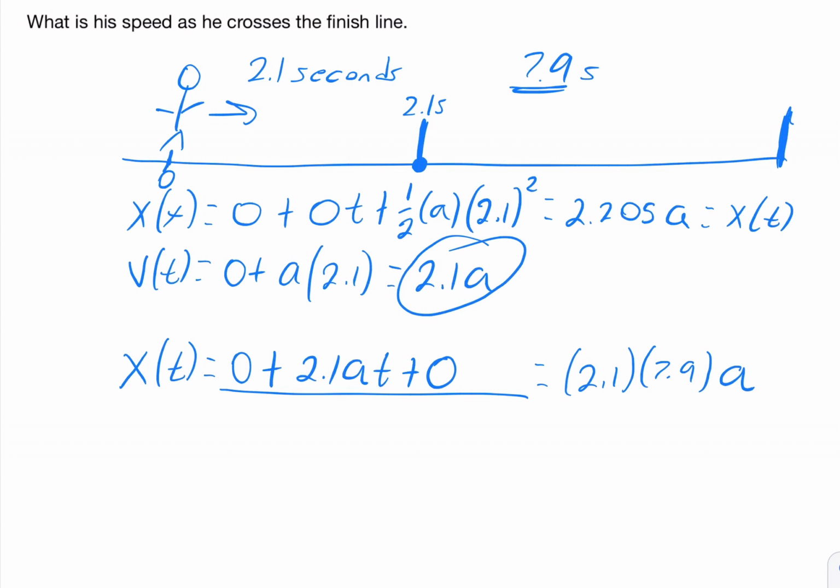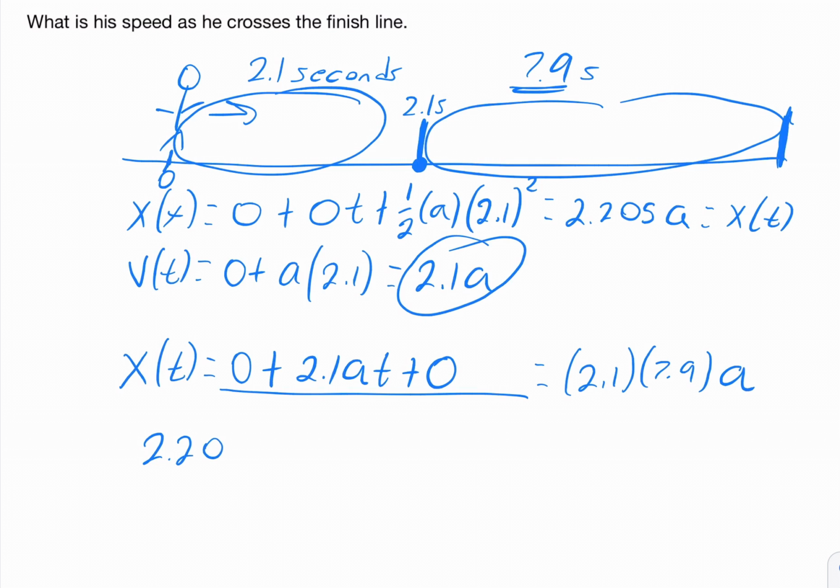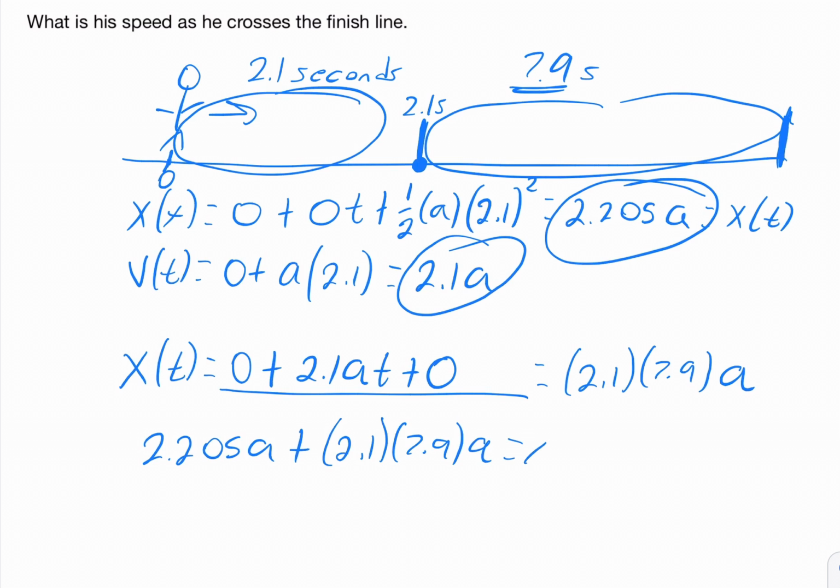If we take this distance here for the 7.9 seconds and we add that to the 2.1 second distance, it has to equal 100. So that means that 2.205a, which is this distance, the 2.1 seconds, plus 2.1 times 7.9a, this has to equal 100.